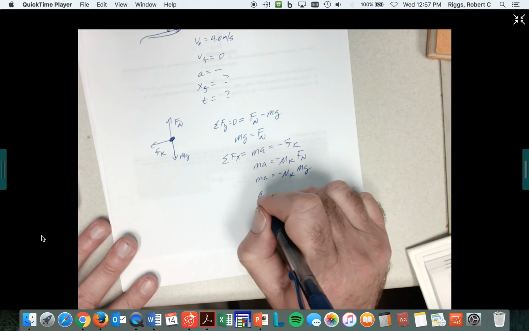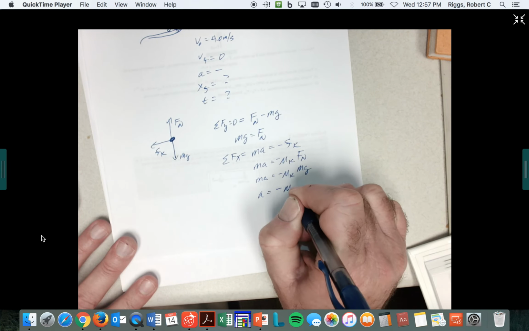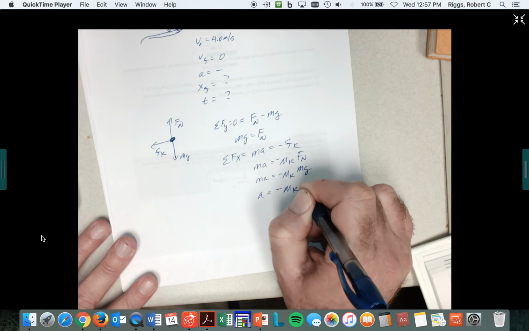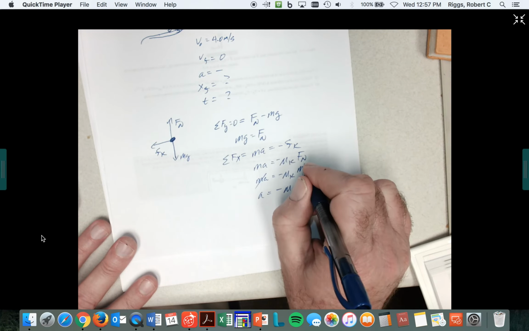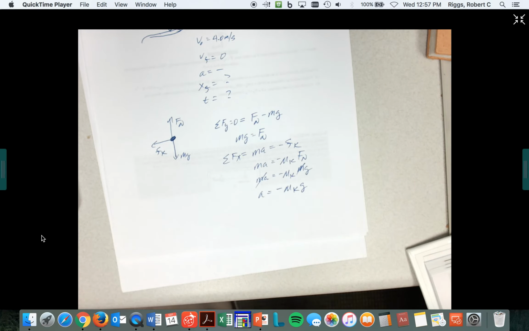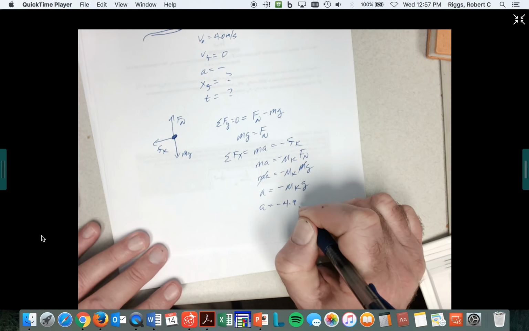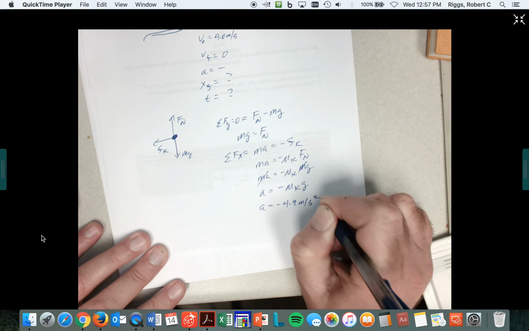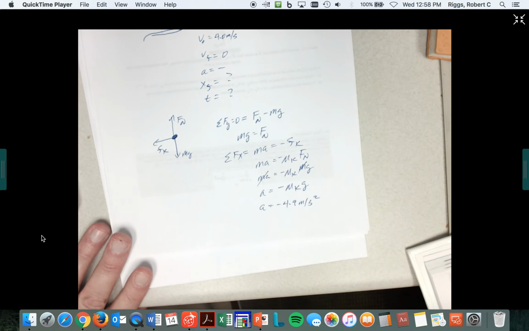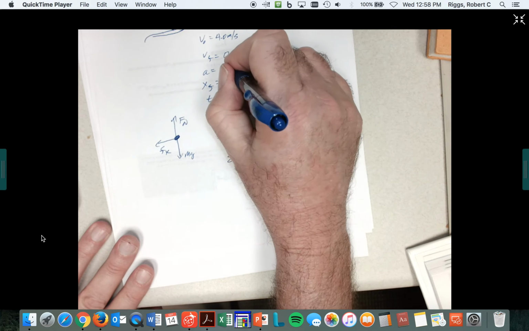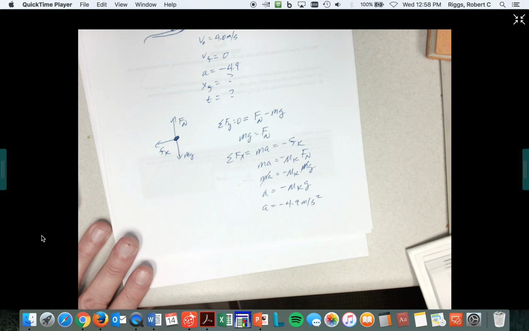So the acceleration is minus mu k times g, because the masses cancel. Sweet. So the acceleration is negative 4.9 meters per second squared, slowing this thing down. Found that.